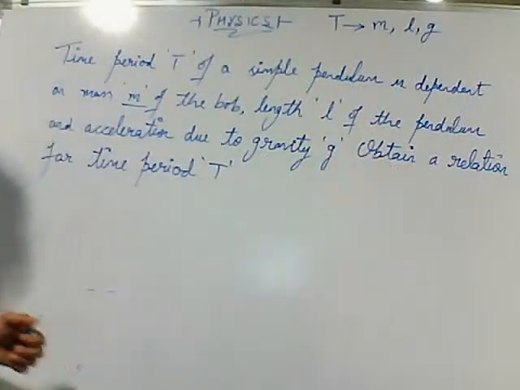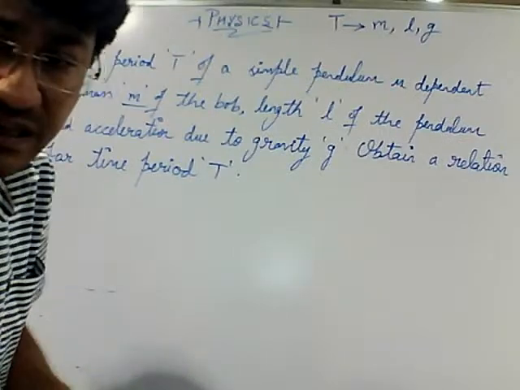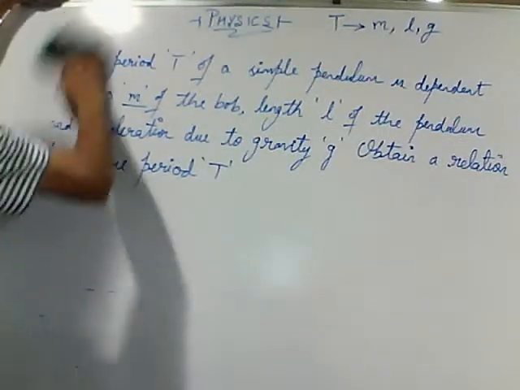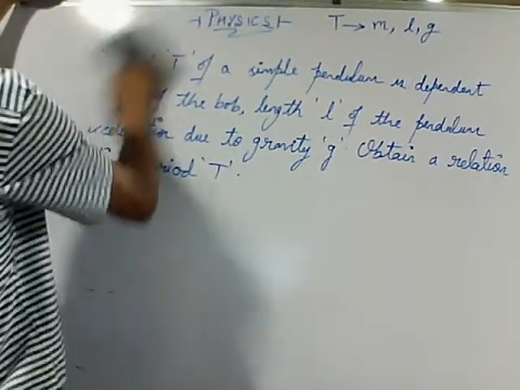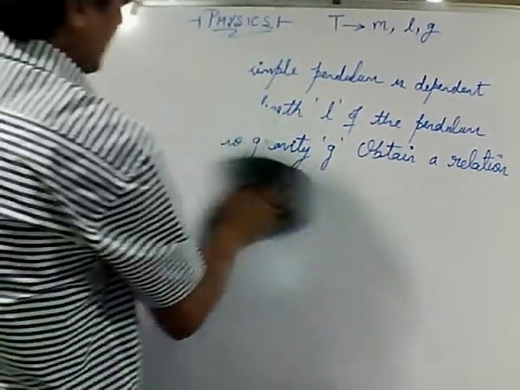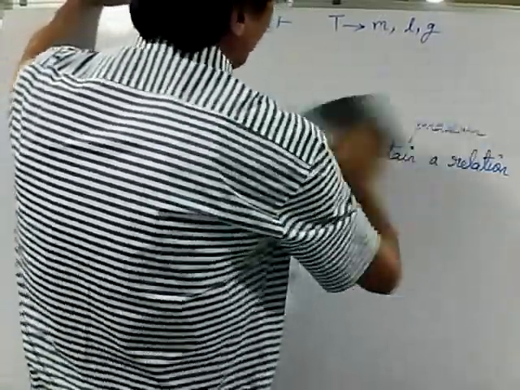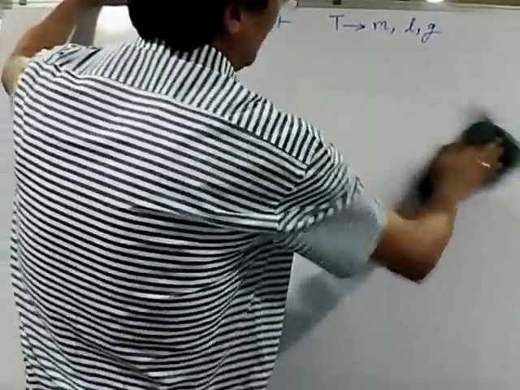Obtain a relation for time period T. So I need to obtain a relation for time period T. Okay, I need to obtain a relation for the simple pendulum's time period capital T. So I use the relation between these physical quantities. That's all. Okay. So what do you get to know?